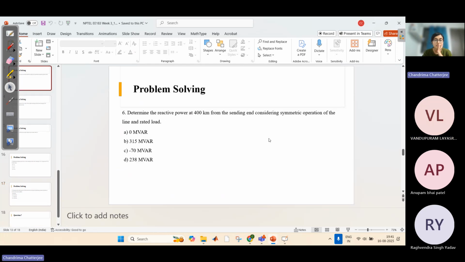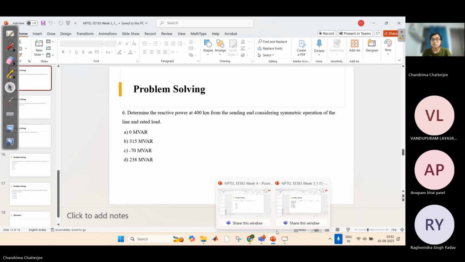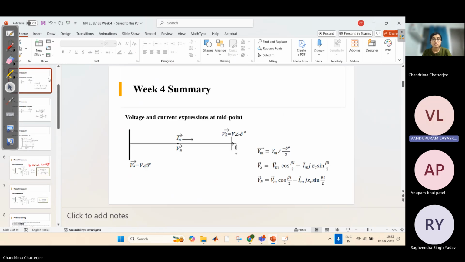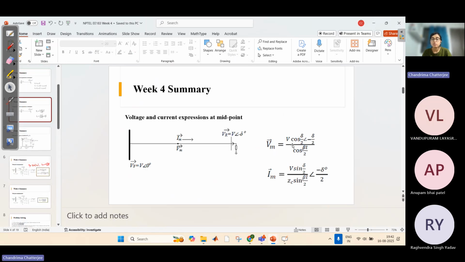Question number 6. Determine the reactive power at 400 km from the sending end considering symmetric operation of the line and rated load. Today also we discussed, at the beginning of the session, the expression of midpoint voltage and midpoint current. There, both voltage and current are in the same phase, the same phase angle.